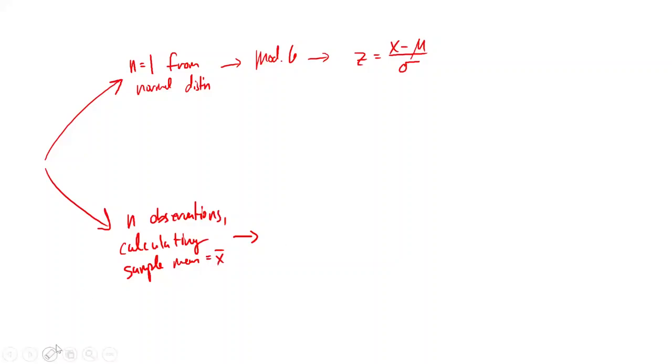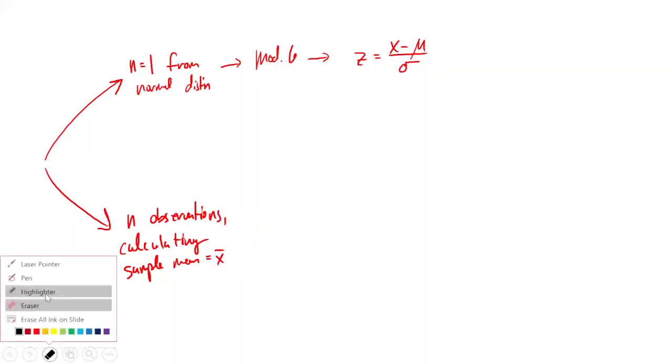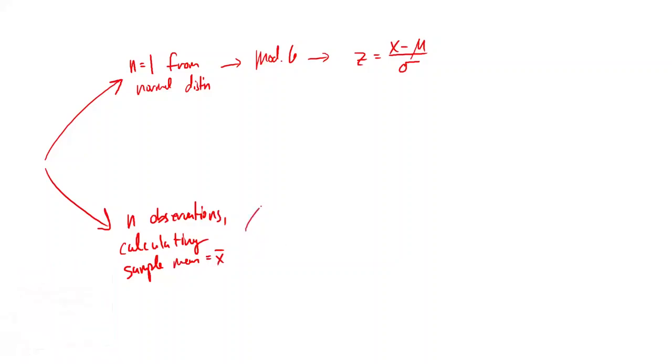As long as the population is normal, or you have at least 30 observations, then you can go on and use the central limit theorem.